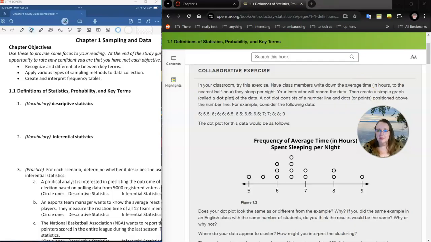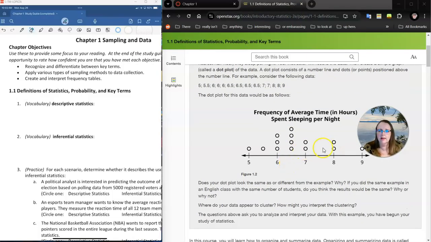Looks like one person gets a lot more sleep than the one person that gets the least amount of sleep. So we can see a lot of information here. We'll get into more about the specific types of ways to represent data later in the chapter. But for now, this was just an exercise to see what you see in that information.